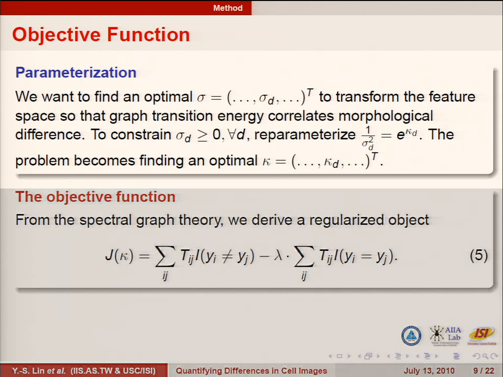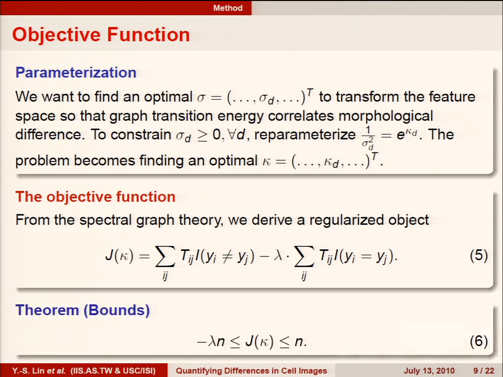We have links with different labels and links with the same labels. This J is bounded, and the lower bound will occur when all of the data points with different labels are disconnected. That means they are separated completely.